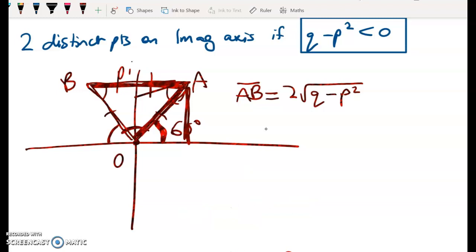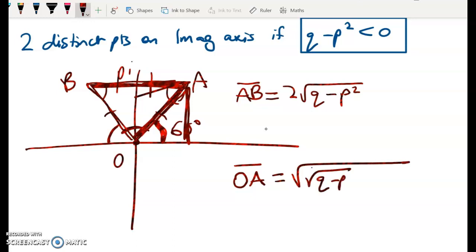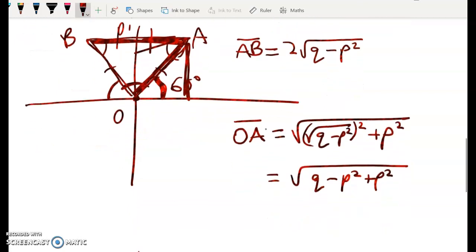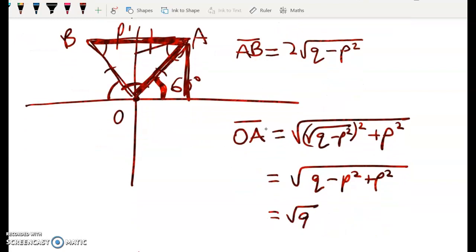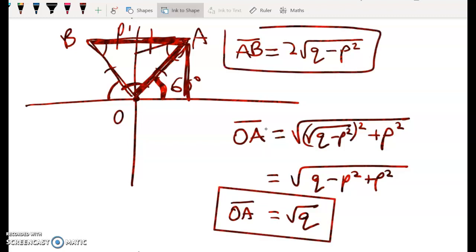So that's that one. Now we just do Pythagoras to get length OA. So OA is equal to the x coordinate squared plus the y coordinate squared. So that comes out to be Q minus P squared plus P squared, which is root Q. And it's equilateral, so I know that this must equal this.